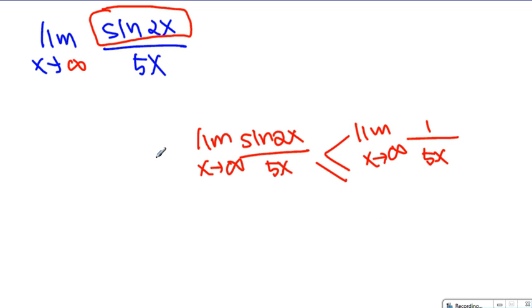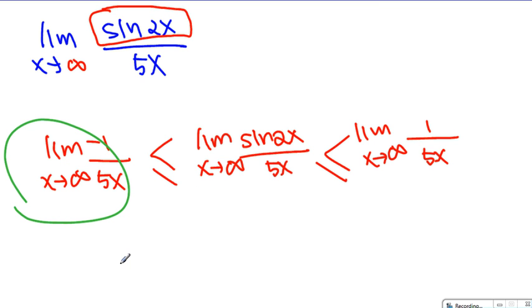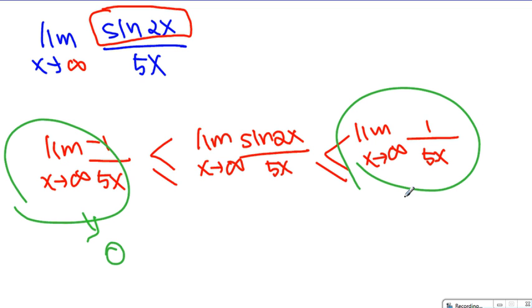But this one has to be greater than or equal to the limit of -1 over 5x, because -1 is less than sine of 2x for the most part, as x approaches infinity. Here, the interesting fact is that this portion will approach 0, because the top is a constant and the denominator increases continuously. How about the other side? Same thing.